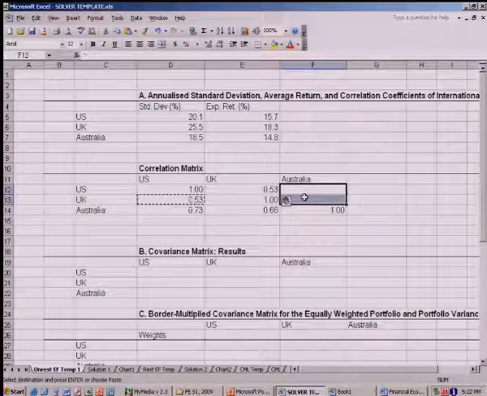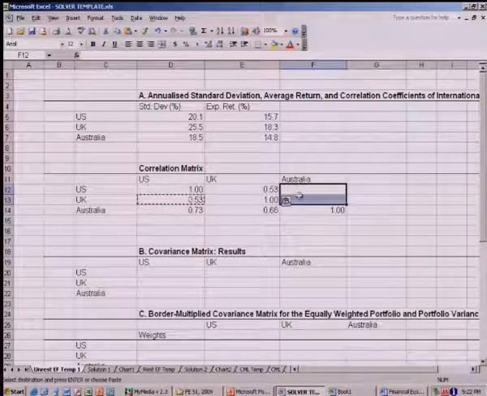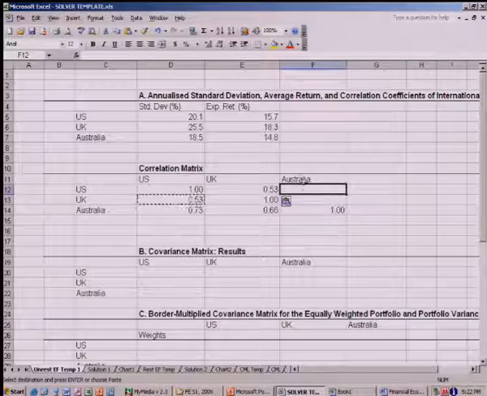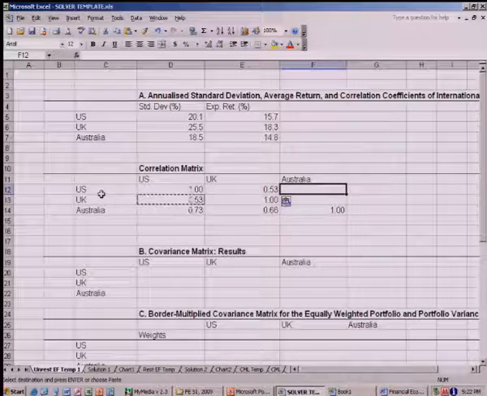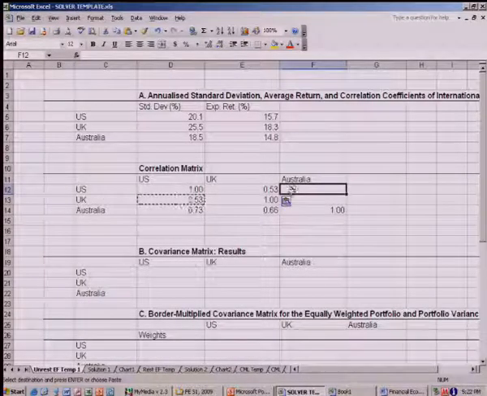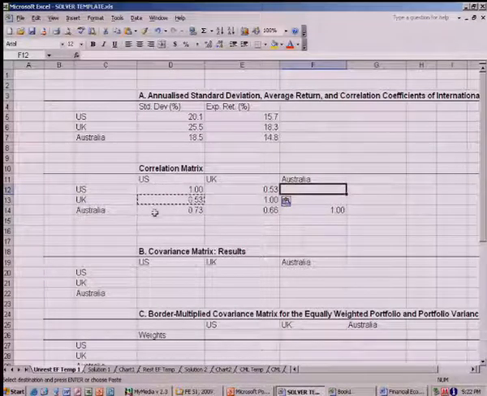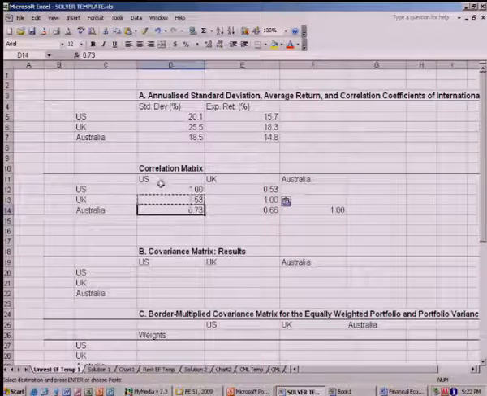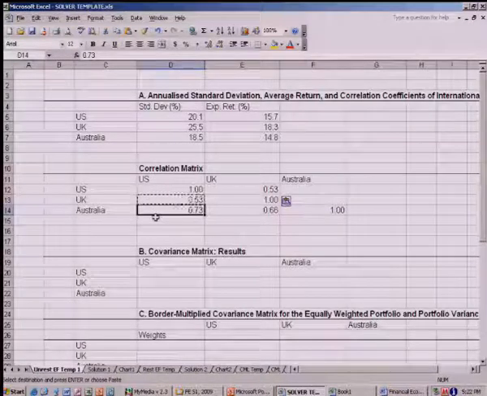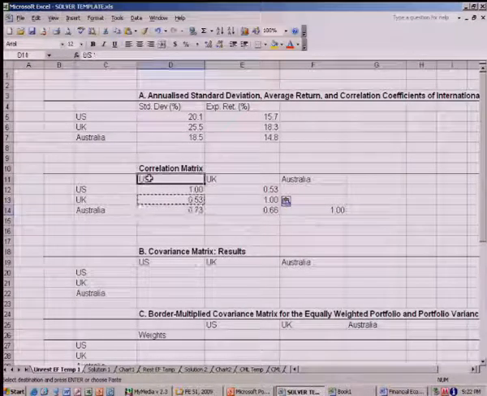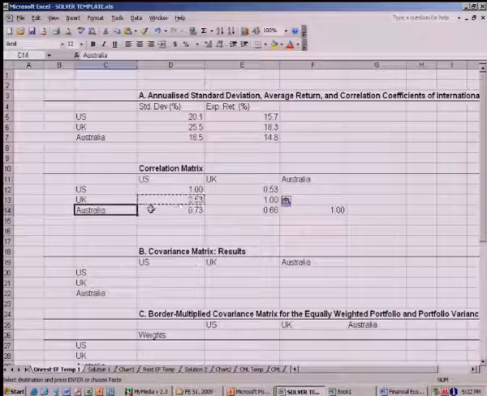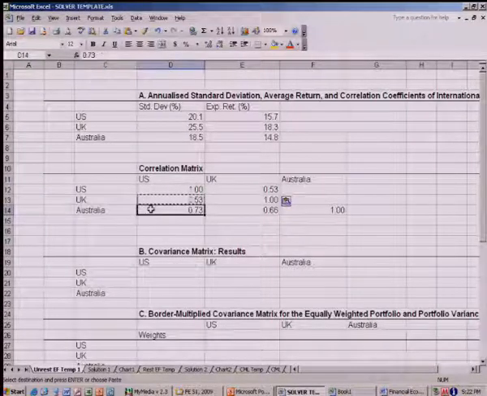Similarly here, there are two cells that are missing values. The first cell is the correlation on the returns on the Australian asset and US asset. Under the first column, it's there. It's basically the last value given to us. You can see it shows us the US and Australian returns correlation.